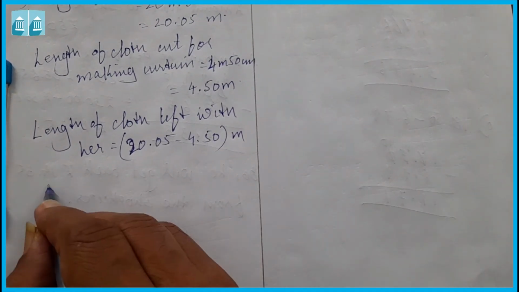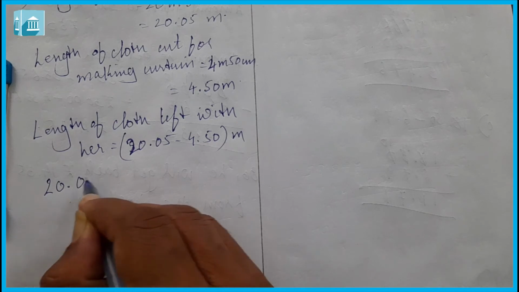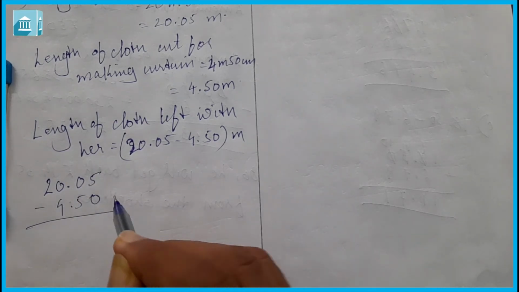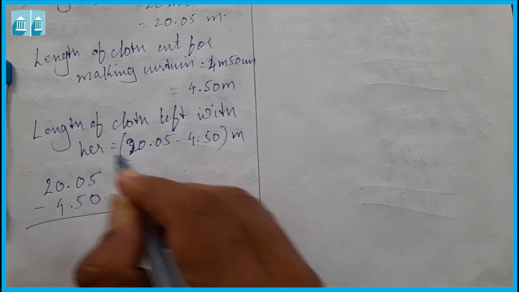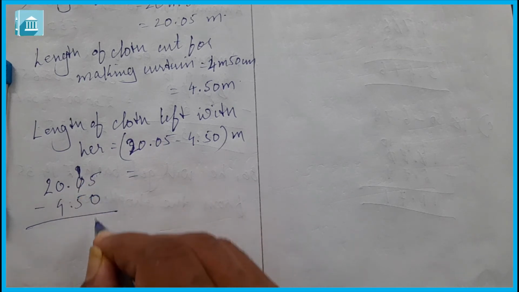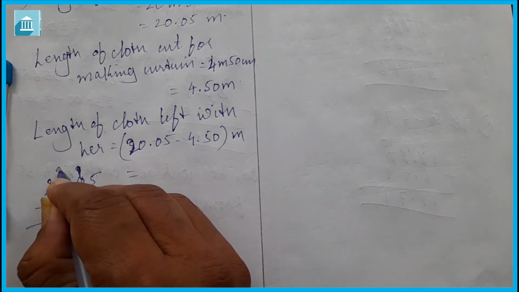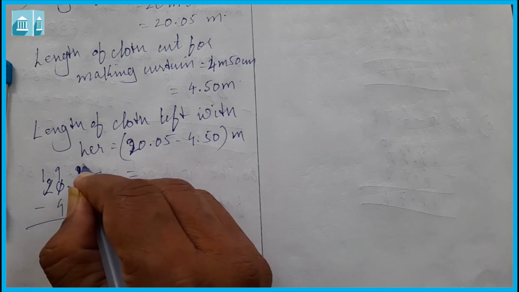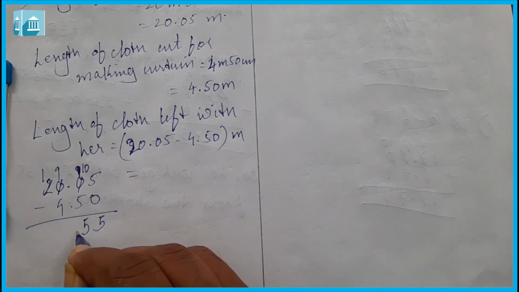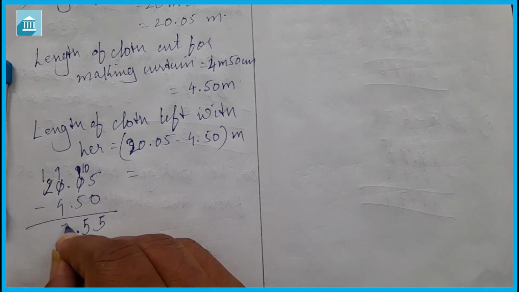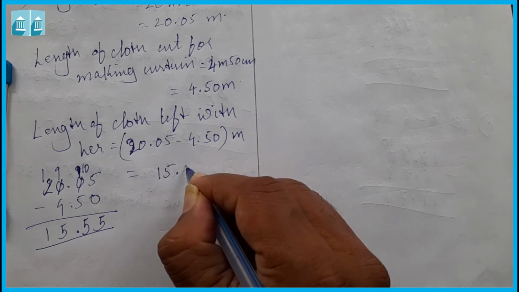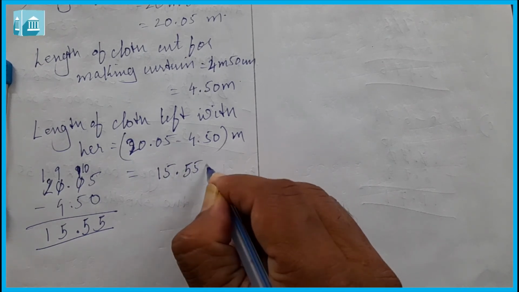So now 20.05 minus 4.50. Here 5 minus 0 is 5. Here it will be 9, here it will be 1. 10 minus 5 is 5. Then 9 minus 4 is 5, and 1. So the answer is 15.55 meter.